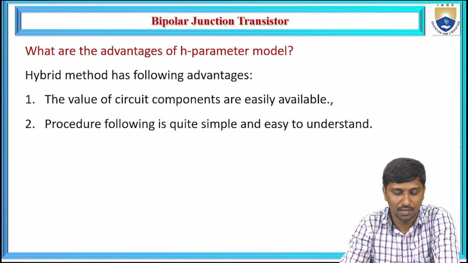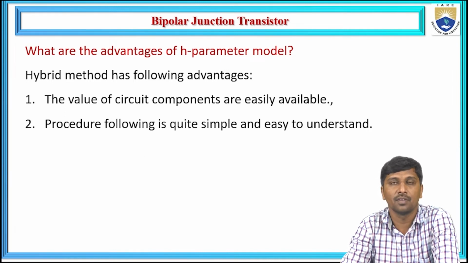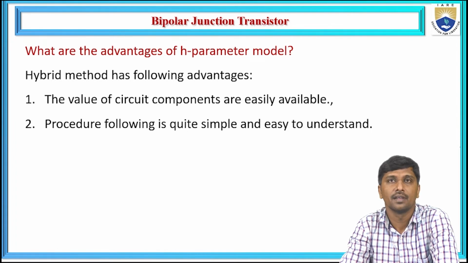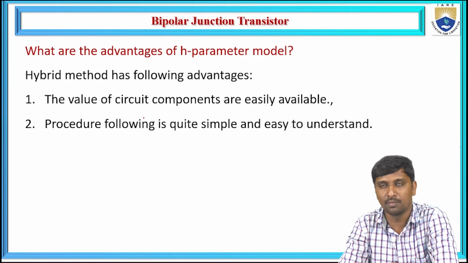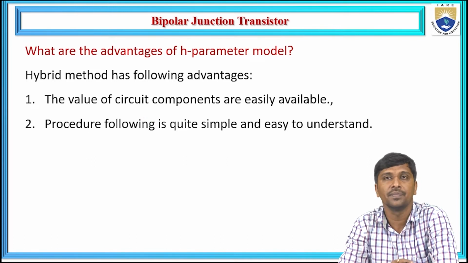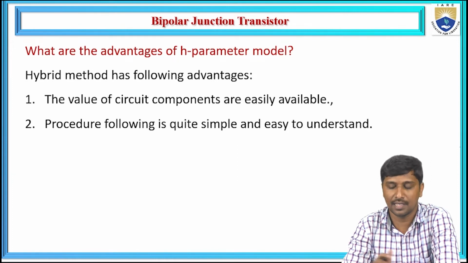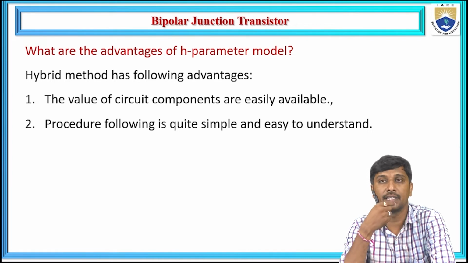Now, what are the advantages of the H parameter model? Why do we go for this H parameter model, or small signal model? In the hybrid method, we have two types of advantages. One is that the values of circuit components are easily available, meaning by using the small signal model we can observe circuit parameters like input impedance, output admittance, reverse voltage gain and current gain.